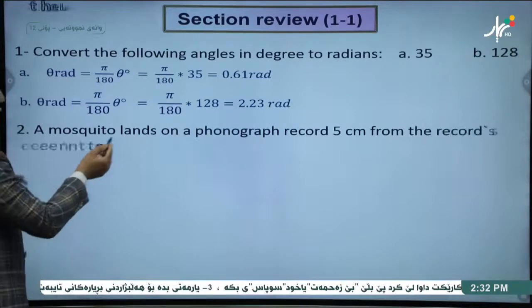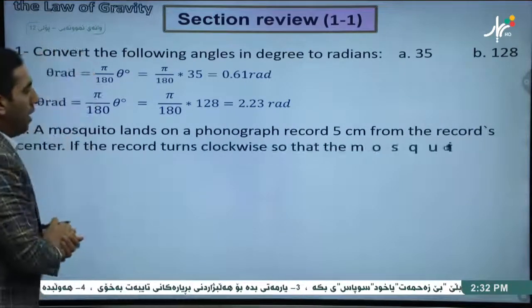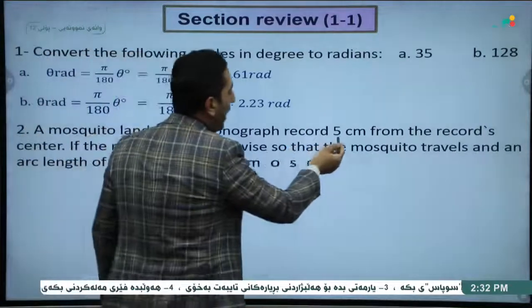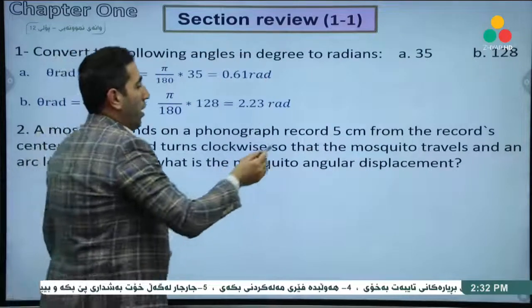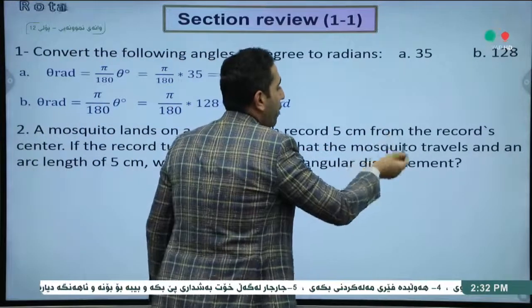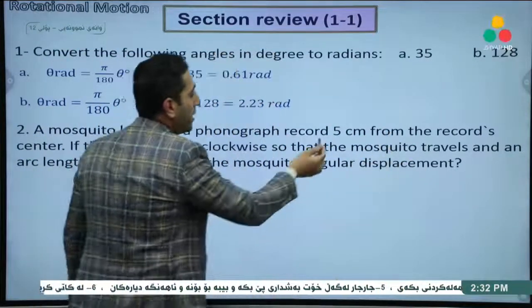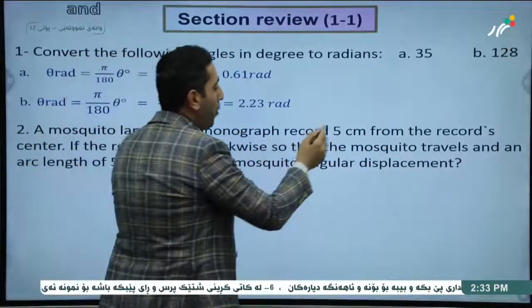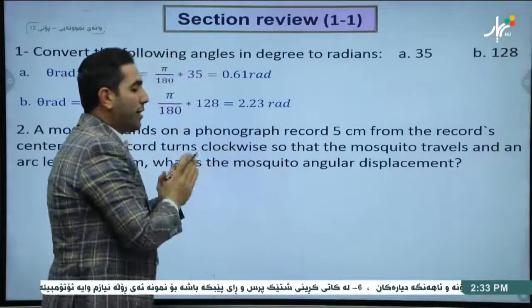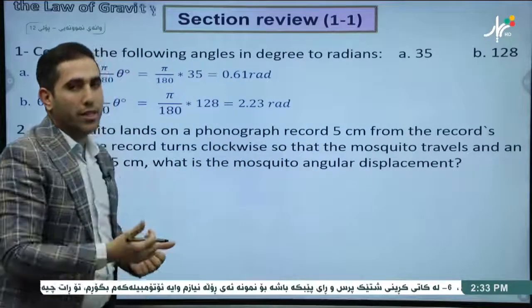A mosquito lands on a phonograph record 5 centimeters from the center. Do you know what? This is the radius, the distance between any point and the center.